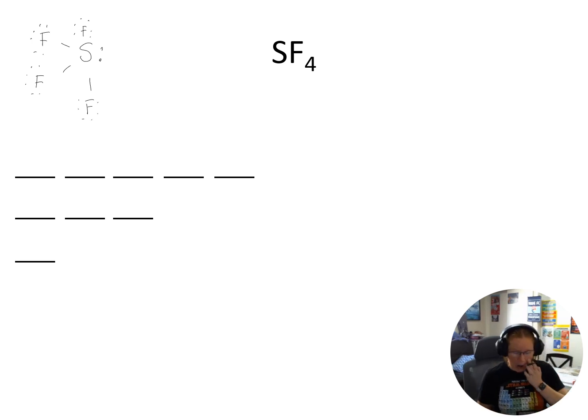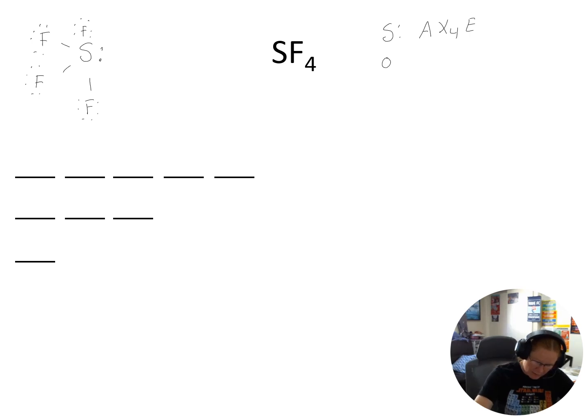All right. We'll assess that orbital geometry. I've got a central, I have 4 bonding, and I have 1 lone pair. So my orbital geometry is what? Trigonal bipyramidal.